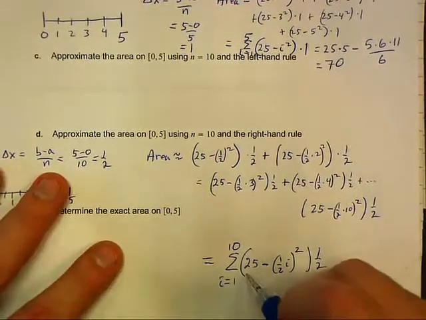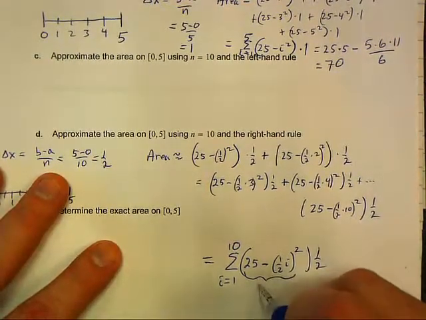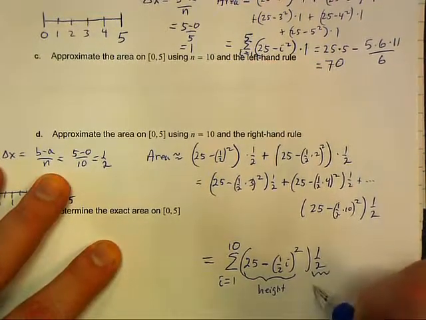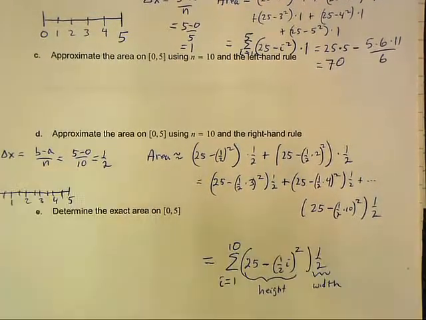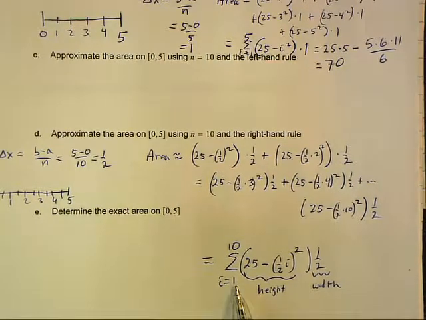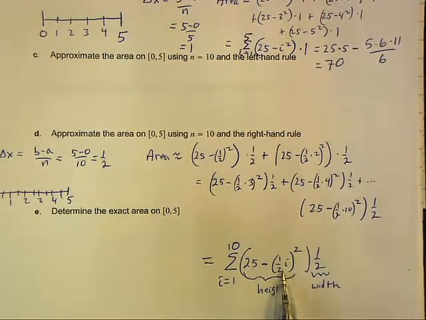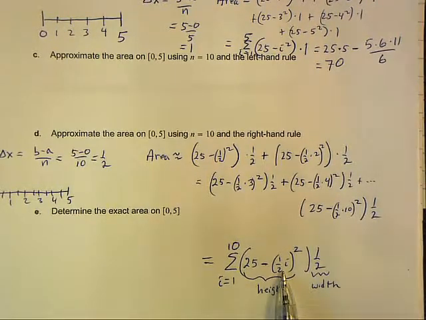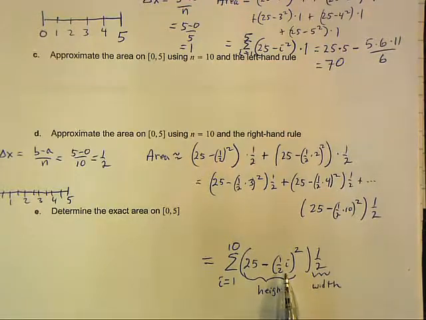So why is this? This is the height of each rectangle, and this number right here is the width. Why is this the height? Well, what number did we plug in for our first rectangle? A half. For our second rectangle? 2 times a half, which was 1.